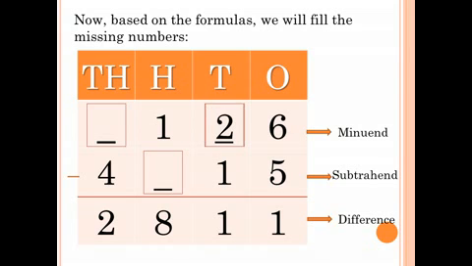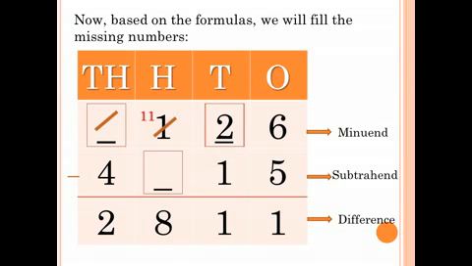Now in the hundreds place we have to find out the subtrahend. For subtrahend what we have to do is minuend minus difference. Now here in the minuend we have 1, so we cannot subtract 8 from 1. So we have to borrow from the thousands place. But as we know, in the thousands place it is a blank. So we'll come to that later.